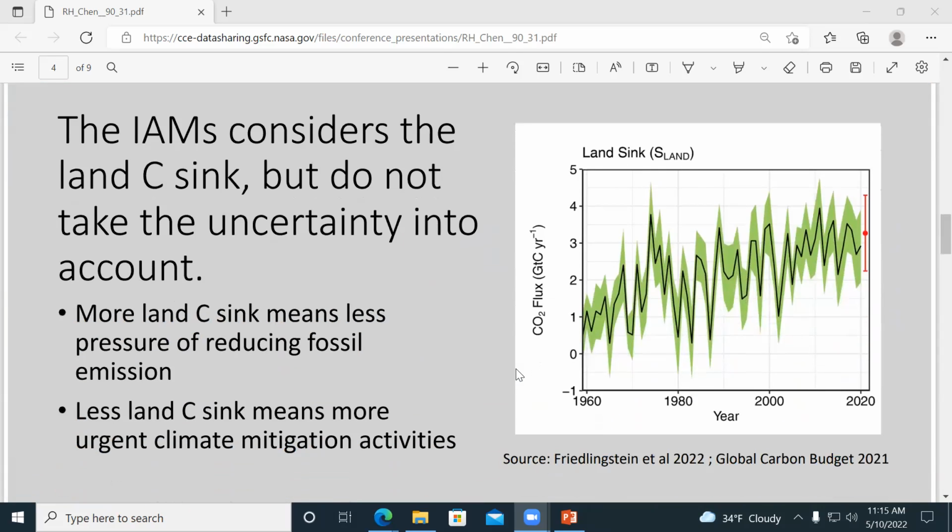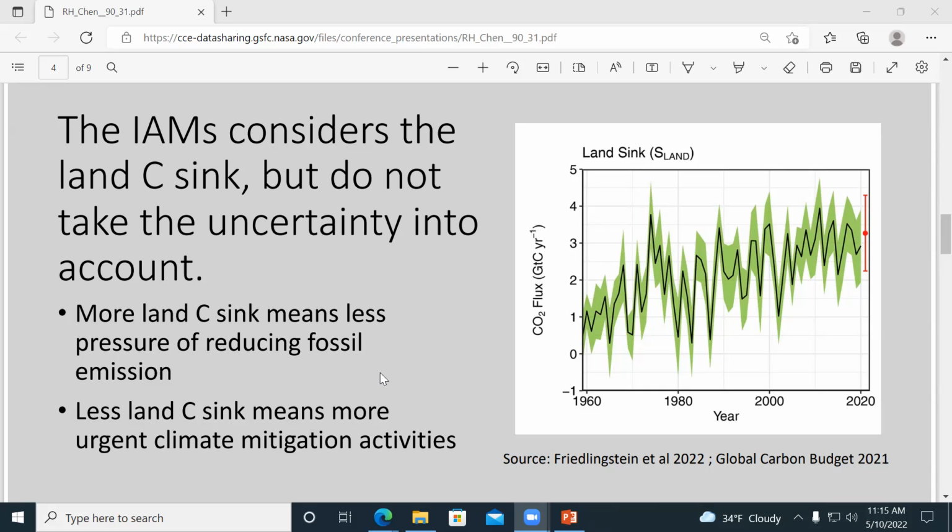In terms of land carbon sink, these IAMs, integrated assessment models, consider the land carbon sink in a global carbon cycle, but they do not take the uncertainty into account, although we know there's huge uncertainty. For example, results from the recent Global Carbon Project show the current land carbon sink is around 3 petagrams of carbon per year, but the uncertainty is almost at the same level.